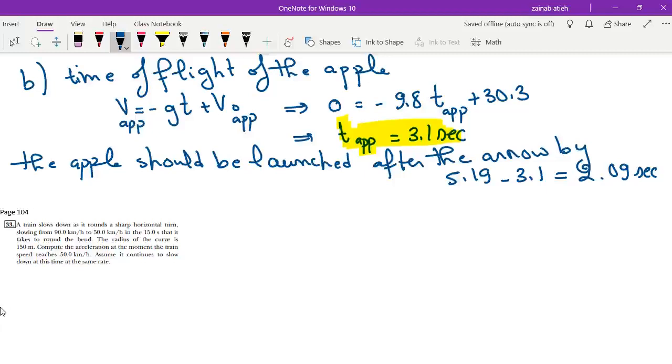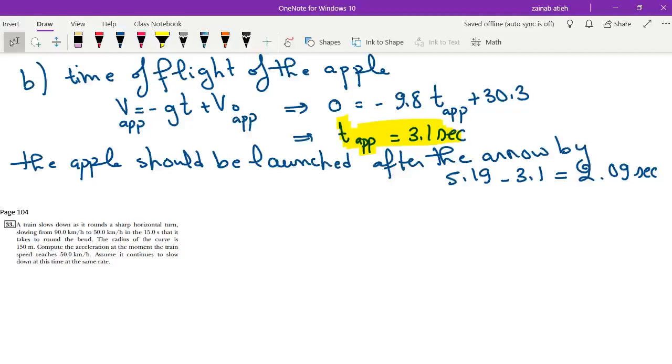The radius of the curve is 150 meters. Compute the acceleration at the moment the train speed reaches 50 km per hour. Assume it continues to slow down at this time at the same rate.